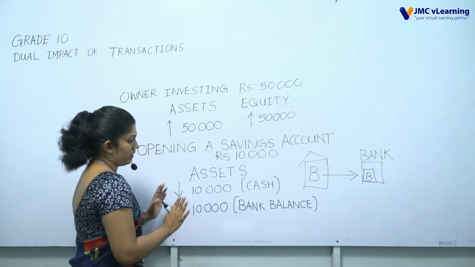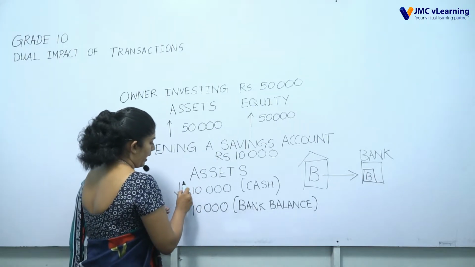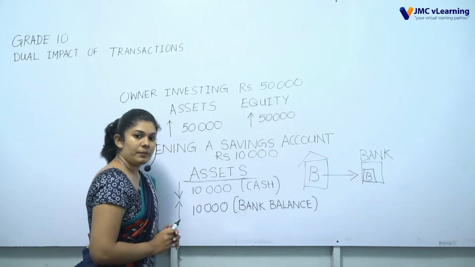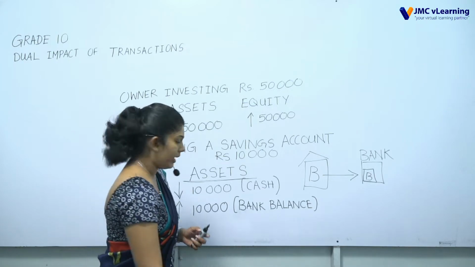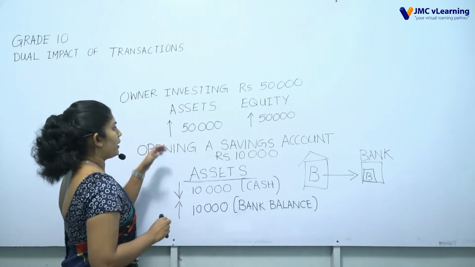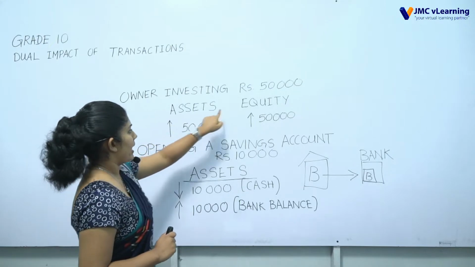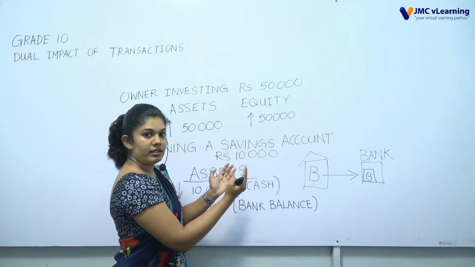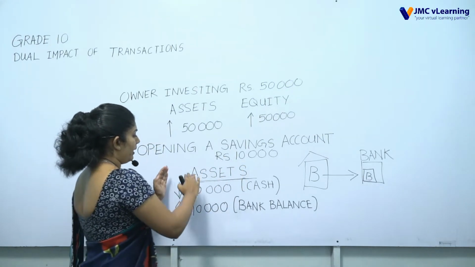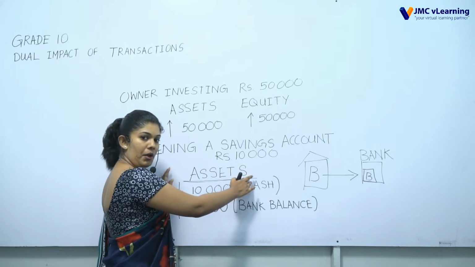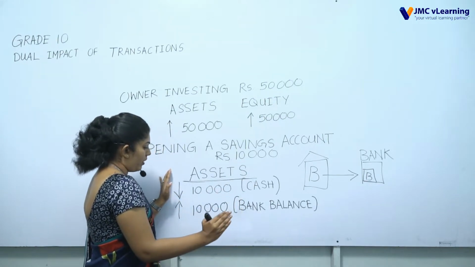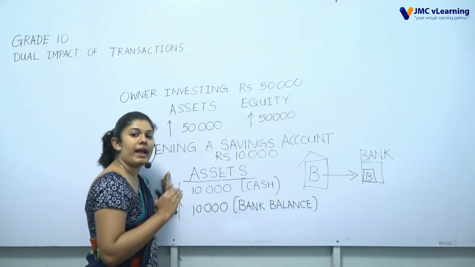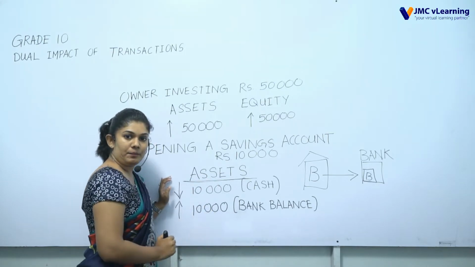Now, in this transaction, assets is the only element that is affected. You can see it very clearly. In our previous example, assets and equity both had an impact, a double impact. In this transaction, only the element assets is affected, but there are two different entries, or two different impacts, to the same element.